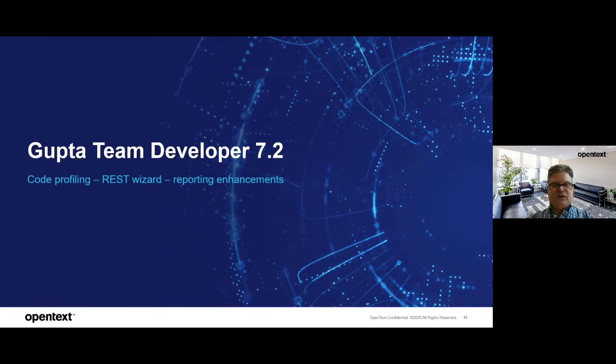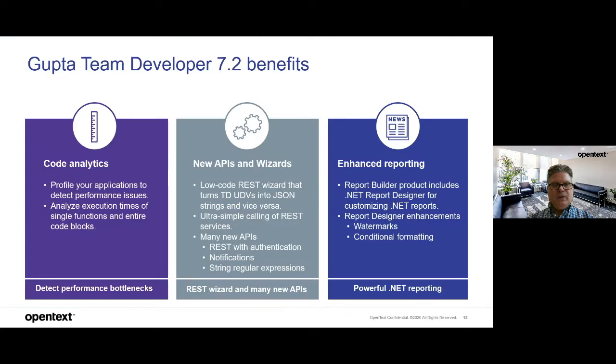In Team Developer 7.2, we provided you with code analytics, so you can profile your applications to detect performance issues. For example, analyze the execution times of single functions and entire code blocks. So you could drill down into your own source code and see if under certain circumstances or in general there were functions that we provide or functions that you have developed that used more time than you thought they would, or resulted in a delay for the user.